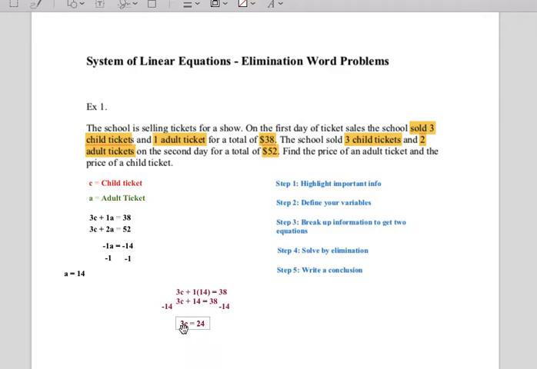So now we must divide both sides by 3 to get c by itself. We will get c alone. And 24 divided by 3 is 7. So we now have the price of our child ticket as well.